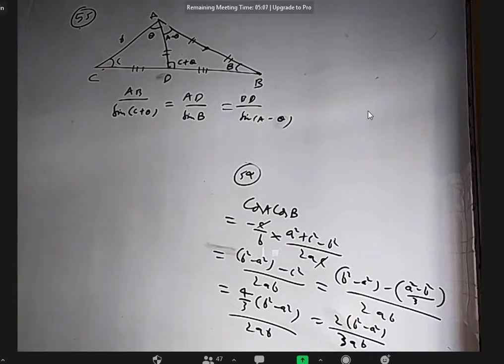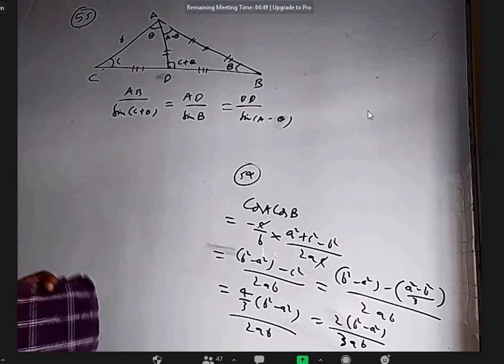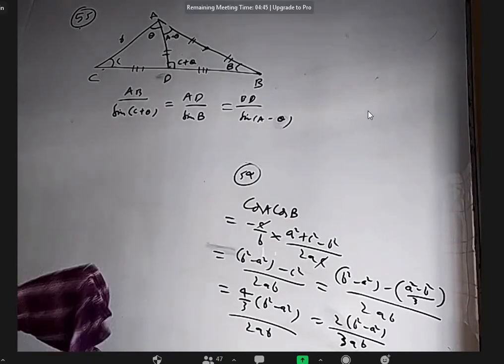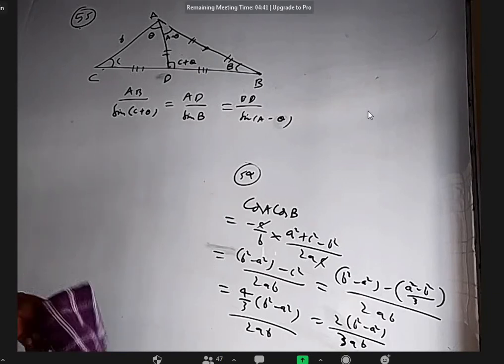Yes, please. You want to tell something? Yes, sir. I did it in a separate way. I separated two triangles, sir, ACD and ABC, and applied sine rule in both of them. In those two triangles, I found that CD by CB is equal to AD by AB, equal to 1 by 2. Angle C is common and AC is also common, sir. That's okay, but what relation are you getting?